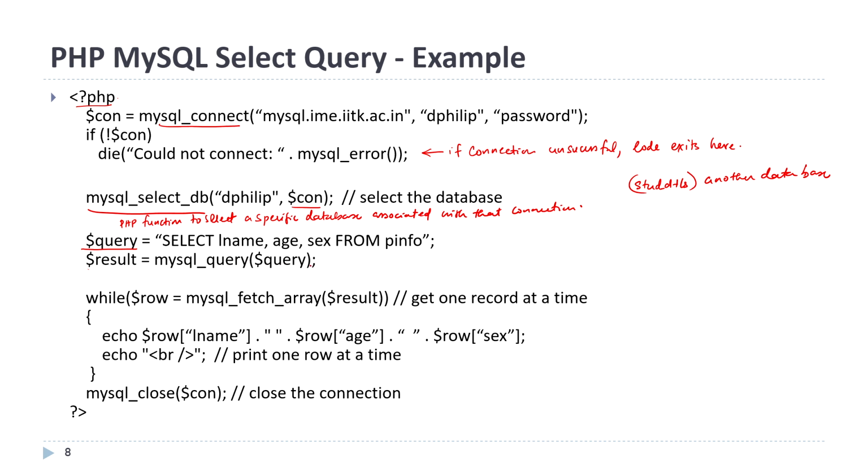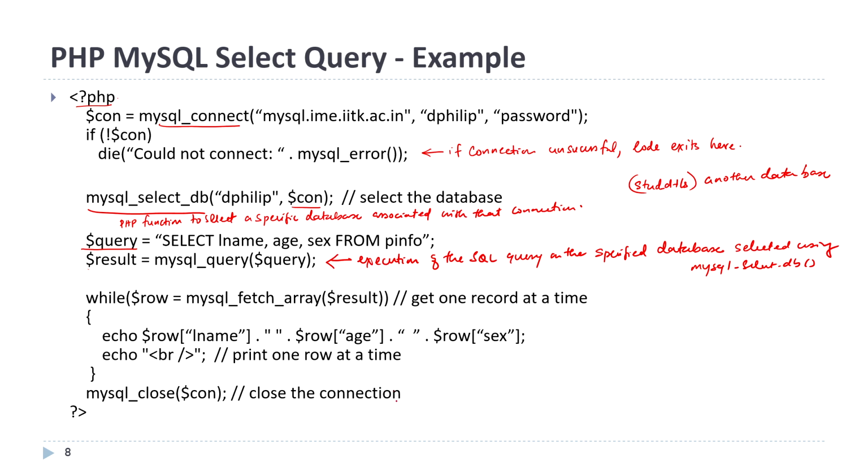So, this query gets executed right here, which is the execution of the SQL query on the specified database selected using the MySQL select DB function. Whatever database you selected, this query will run on that database. So, make sure that the database in which pinfo is stored is exactly the correct one.